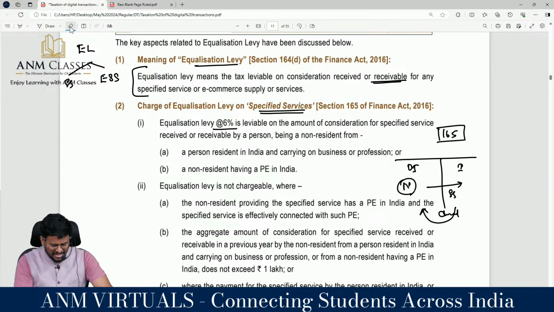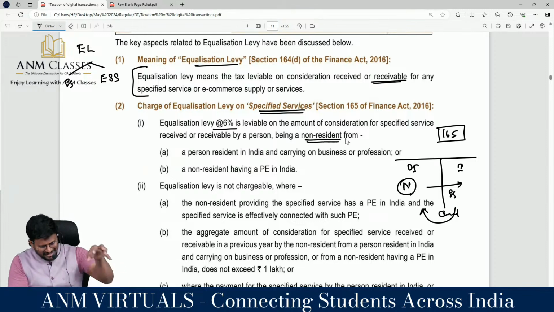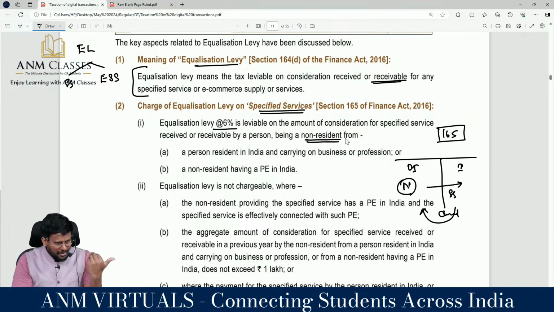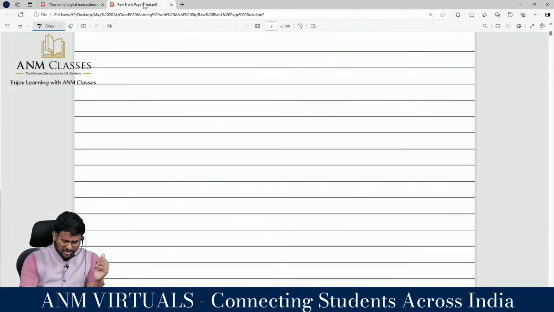So equalization levy is leviable on the amount of consideration for any services received or receivable by a non-resident from a person resident in India and carrying on business or profession, or a non-resident having a permanent establishment in India.